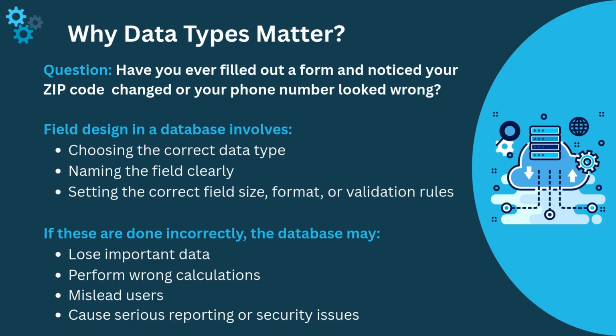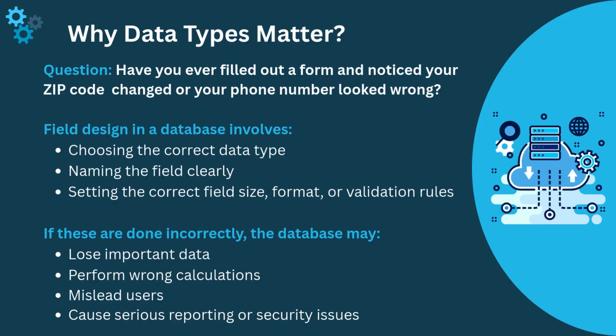Consider this question. Have you ever filled out a form and noticed that your zip code changed or your phone number looked wrong? Important things to consider about setting up your table. In field design in a database, this allows you to choose the correct data type, give the field a proper name, and set other properties like field size, format, and validation rules.